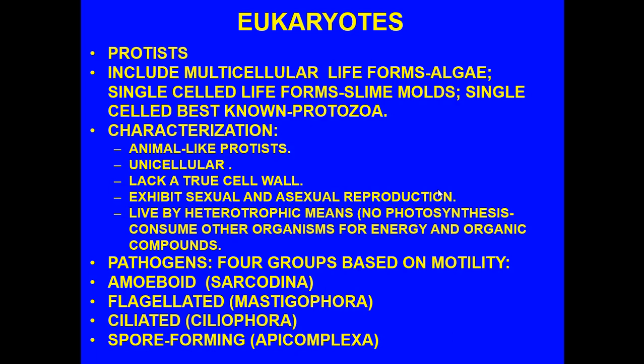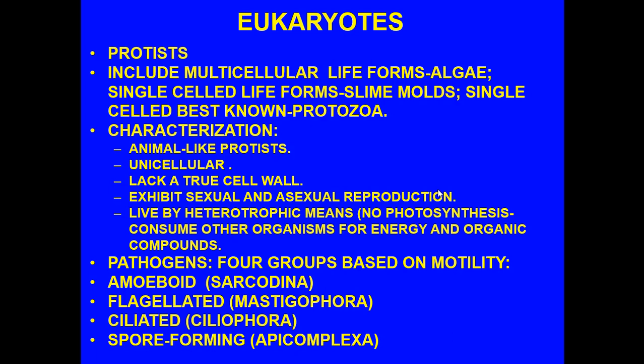The characterization of the protists is that they are animal-like: they lack chloroplasts, they're unicellular, they lack a true cell wall, they exhibit both sexual and asexual reproduction, and they live by what is called heterotrophic means. So they're not making their own food and obtaining energy via photosynthesis. What are they going to do?